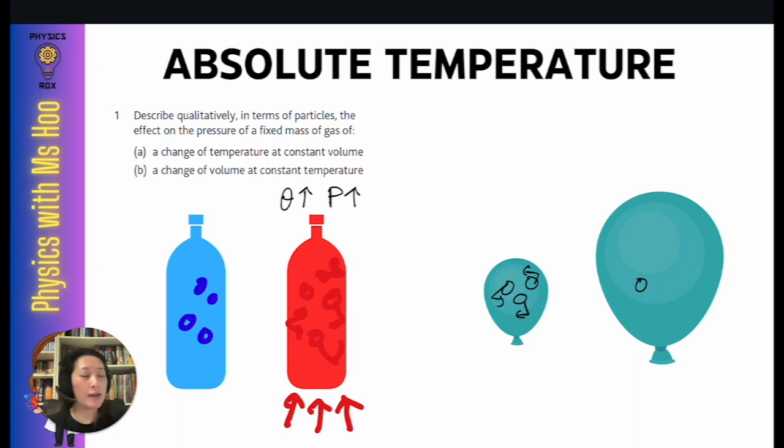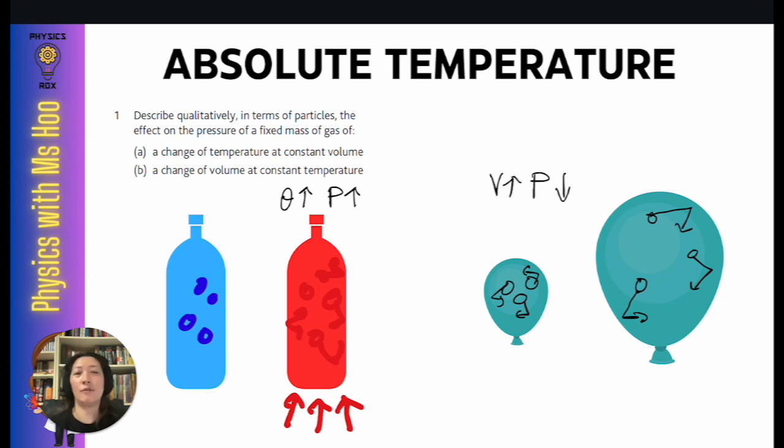But if the balloon now has a greater volume, the particles are moving with the same speed and same kinetic energy. They have further to travel in that larger volume. Hence, the pressure will be much lower. So I'm going to write it in short form here, that when the volume increases, the pressure decreases.